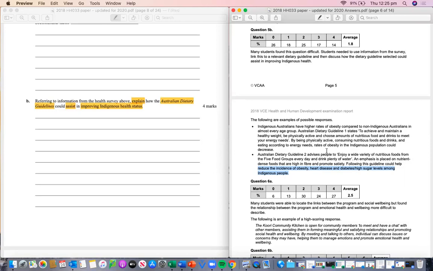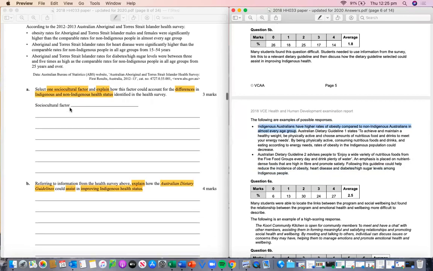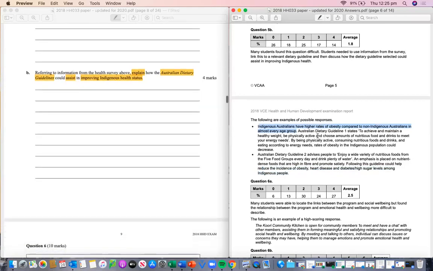Again, you can focus on the first Australian Dietary Guideline. You could say that Indigenous Australians have higher rates of obesity compared to non-Indigenous Australians in almost every age group. That's referring to the data and the actual information provided. Australian Dietary Guideline 1 states to achieve and maintain a healthy weight, be physically active and choose amounts of nutritious food and drinks to meet your energy needs.